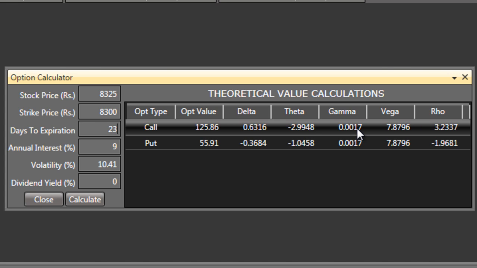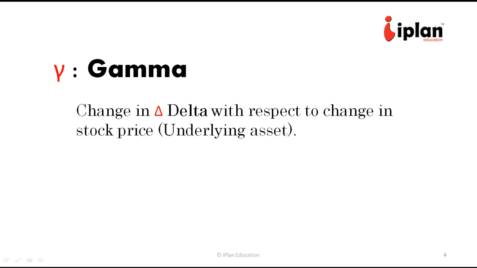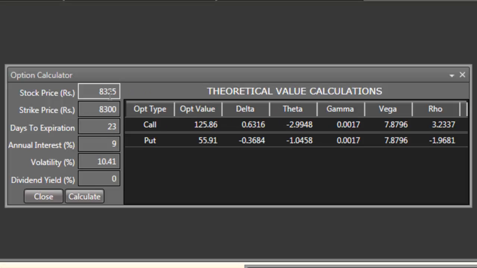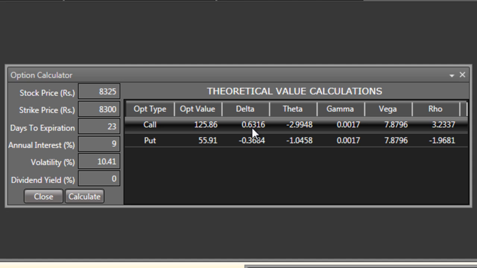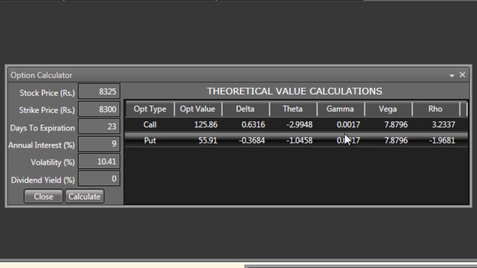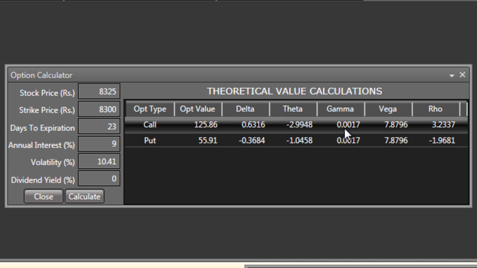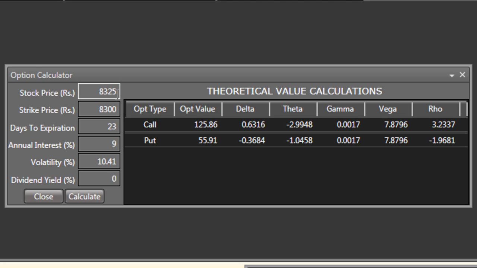Now, what is gamma? Gamma is the change in delta with respect to the change in stock price. If the stock price increases, the premium will change as per the delta. However, gamma says how much the delta itself will change. It says 0.0017 will be the change in delta if there is a change of just 1 rupee in the price.